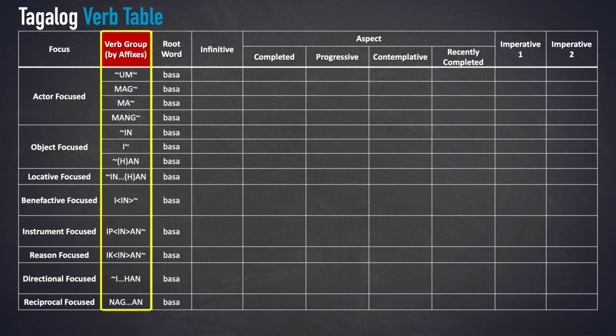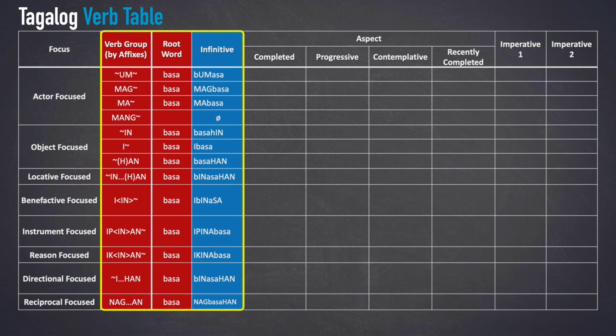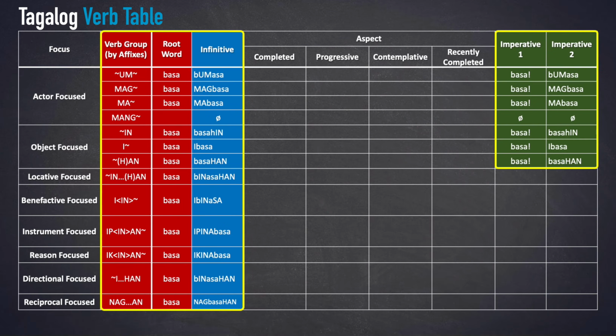The main verb groups are known by their affixes, like the um verbs, the mag verbs, the ma verbs, the mang verbs, the in verbs, the i verbs, an verbs, and others.